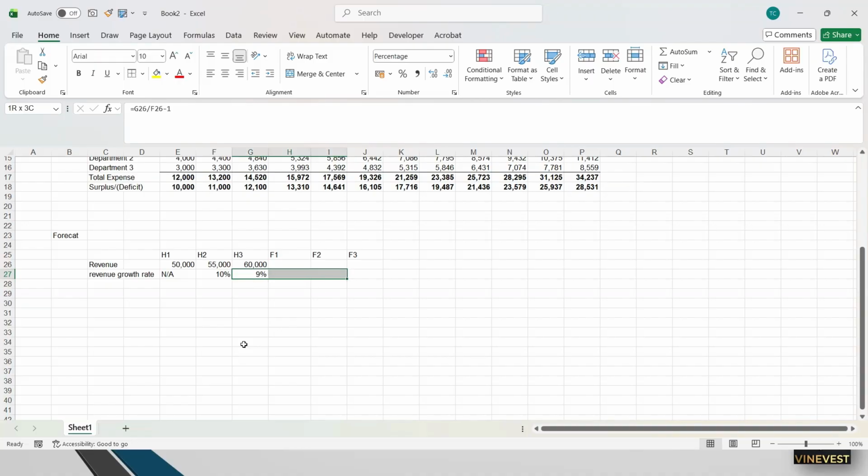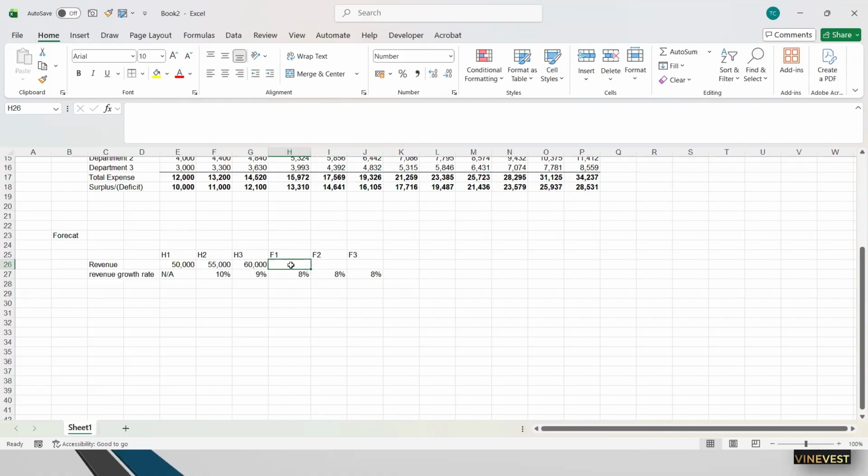Let me just copy this format here. But for the forecasted year, we can just say, okay, let's put it as maybe 10% or 8%. You know, there is no hard and fast rule about it. We are just forecasting, using our discretion. So that's one thing about forecasting.